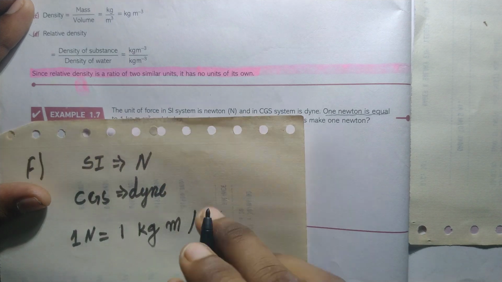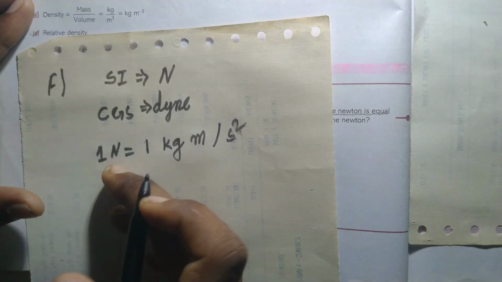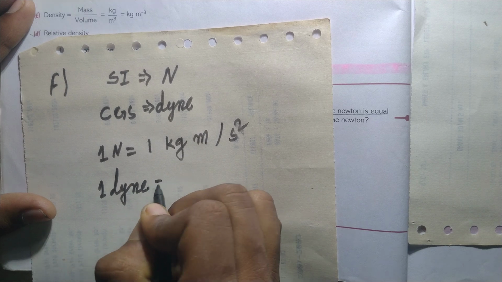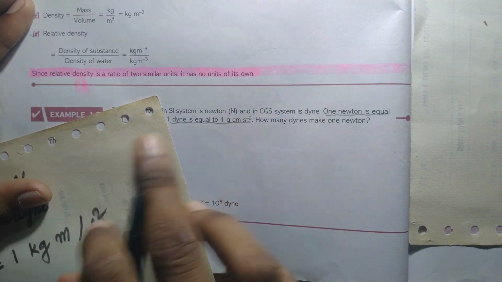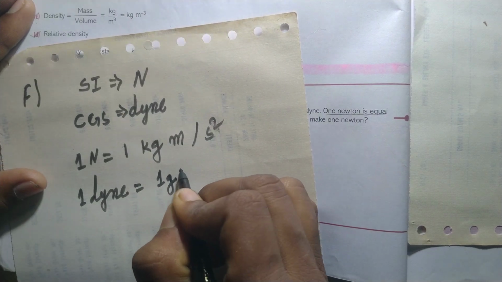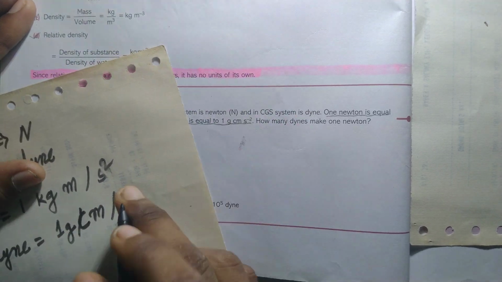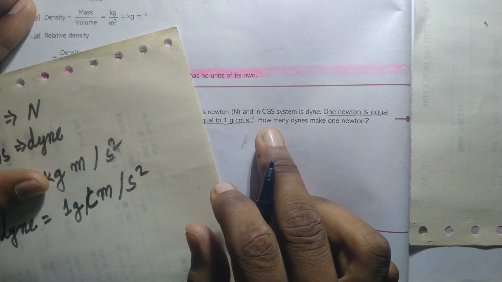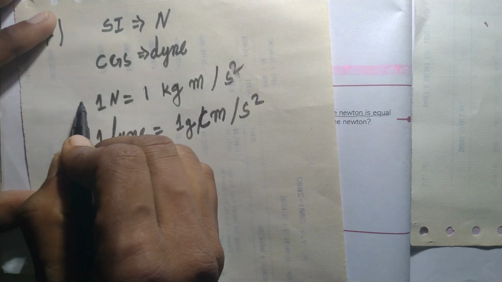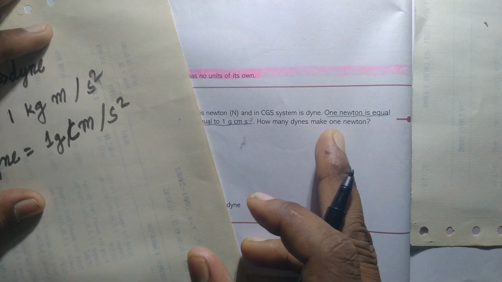And 1 dyne equals 1 gram centimeter per second square. How many dyne make 1 Newton? What is the relation between these two units?